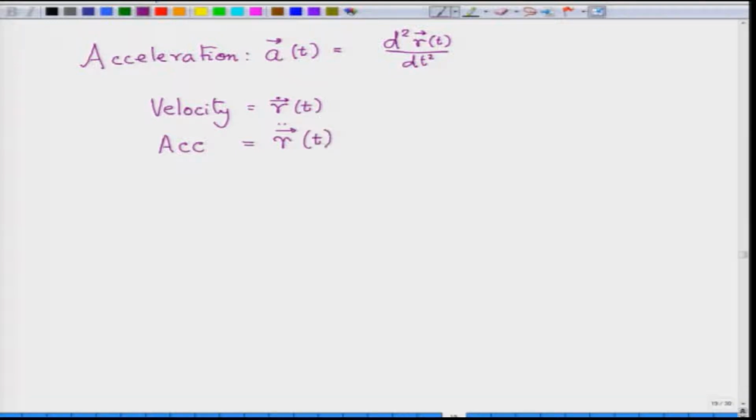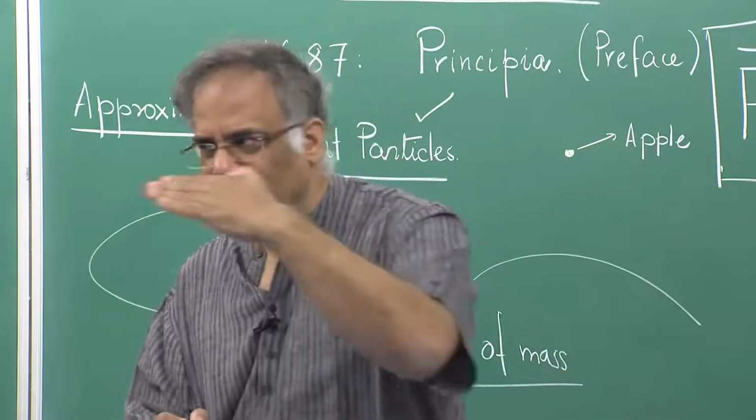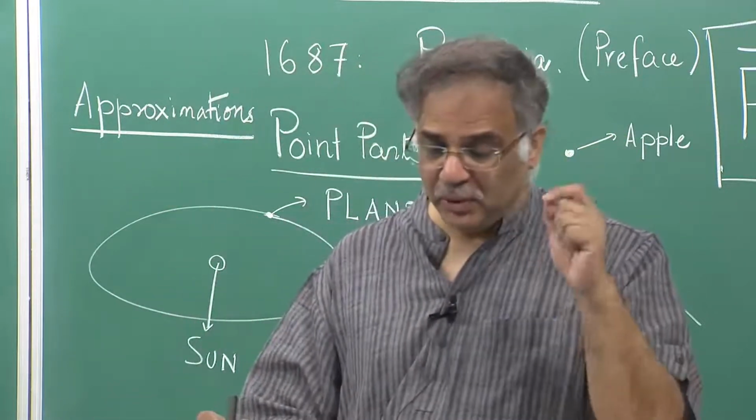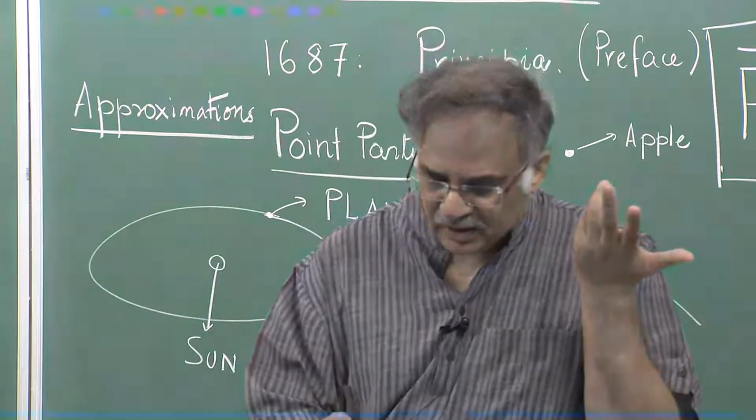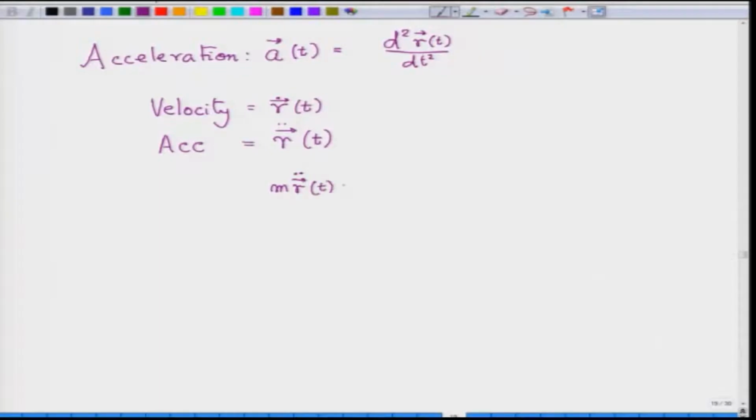So from a vectorial way, Newton's law can be put in a very simple format, that is m times the second derivative of r equals F. See, when we largely study particles moving in a straight line, but when you have particles moving in 3-space, this is the way you very compactly write down your Newton's second law.